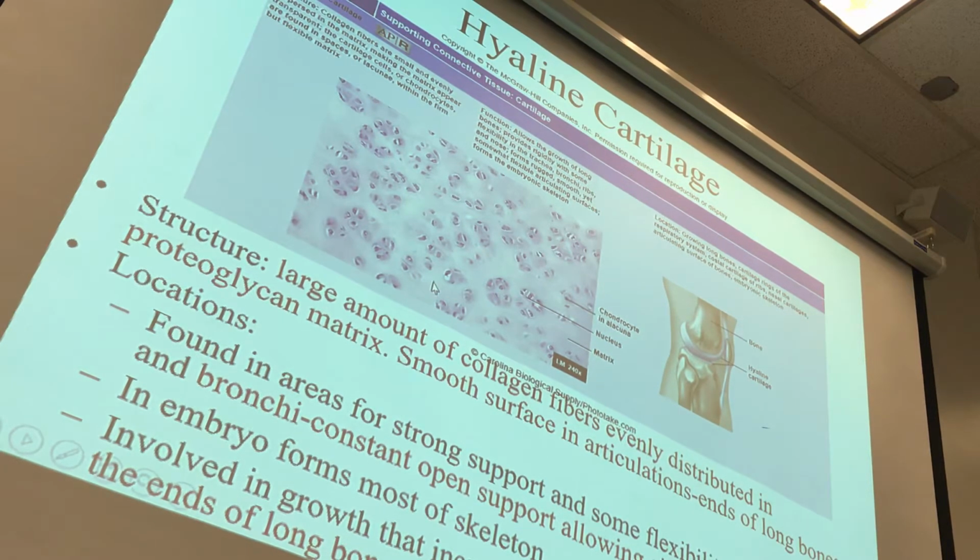Now, has anybody ever eaten a drumstick? When you eat a drumstick, or when you eat a chicken or turkey thigh, if you look at the ends of the bones, you see that real shiny material at the end of the bone. That is our articular hyaline cartilage.